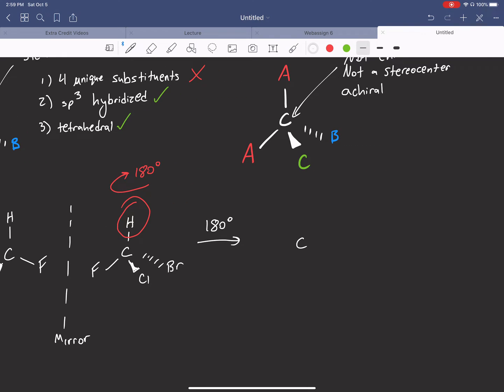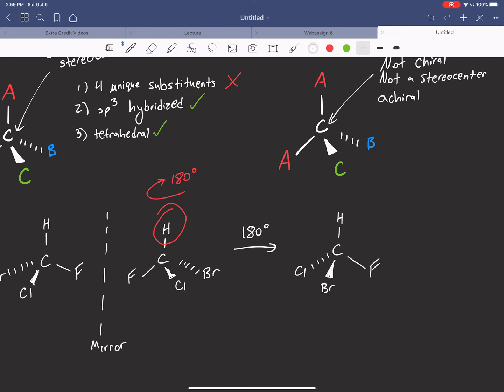What's going to happen is we have this carbon, this hydrogen, okay? And now our fluorine is going to go here. The chlorine is going to go here. And the bromine would go here. Alright? So I just skipped to the 180 degree rotation.